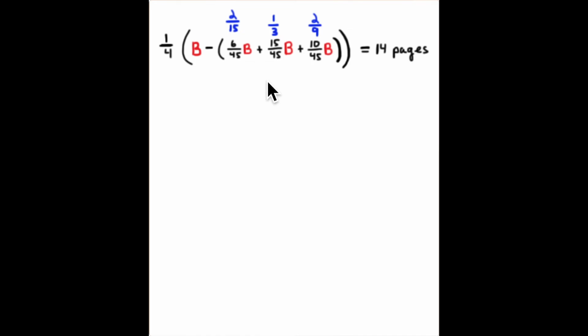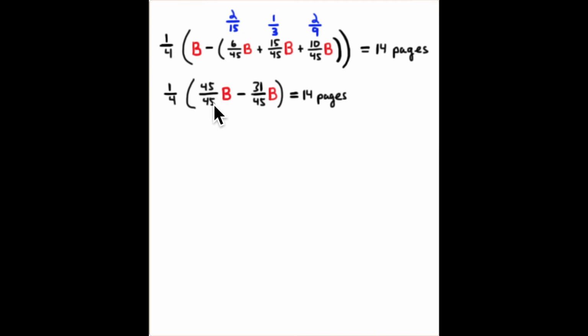That 14/45, 3/4 of that gets read on Thursday. So 1/4 is what remains to be read on Friday. So 1/4 of what remains after these 3 days are subtracted from the book gets read on Friday, and we're told that that is equal to 14 pages. So here are the 31/45.